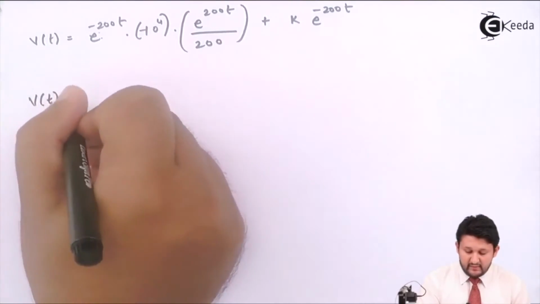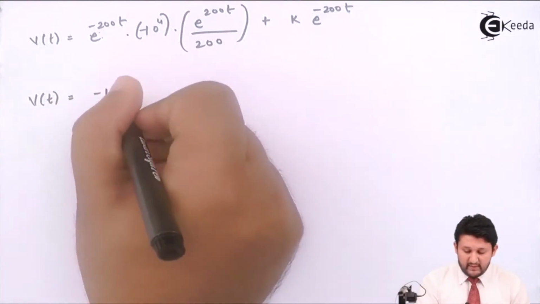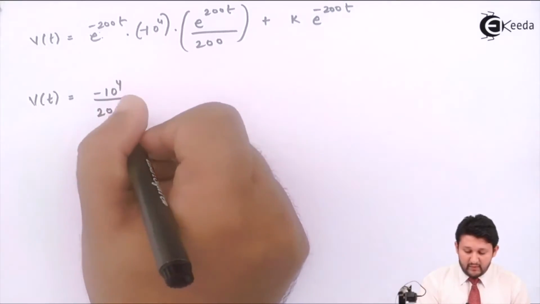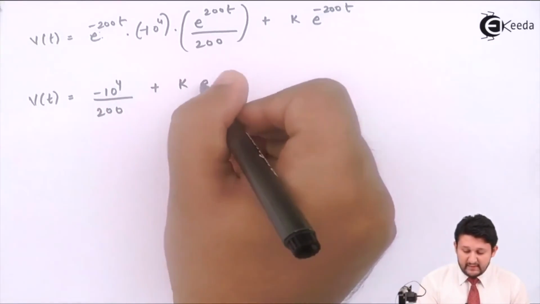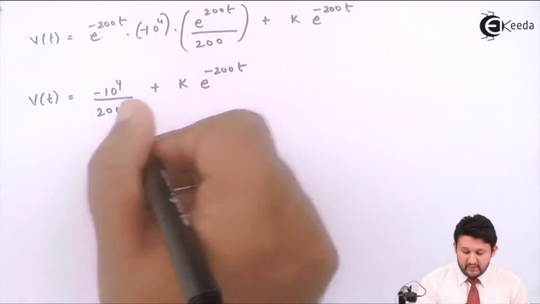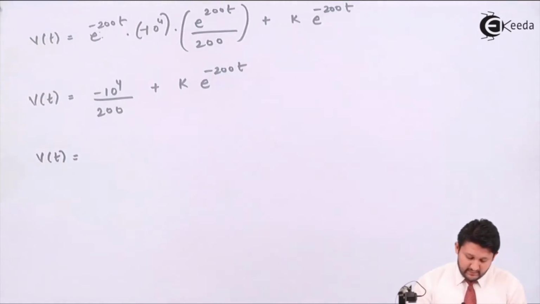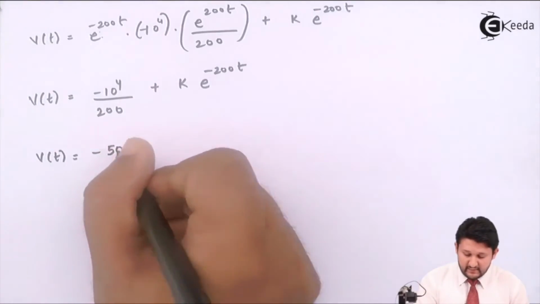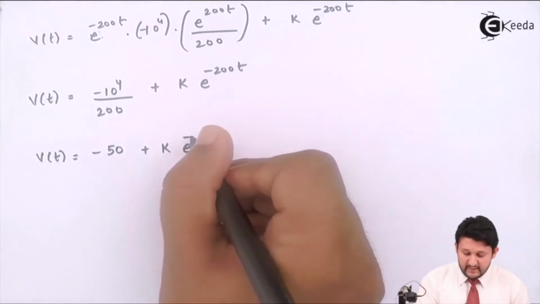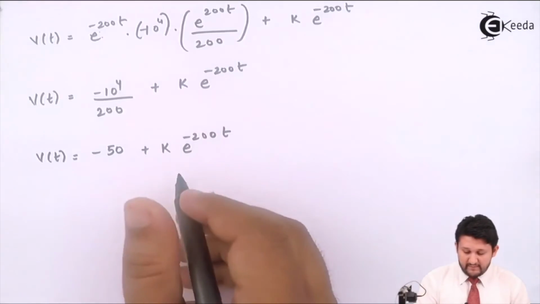You get v of t equal to minus 10 raised to 4 upon 200 plus k e raised to minus 200t. So your v of t will be 10 raised to 4 divided by 200, which gives minus 50, plus k e raised to minus 200t.